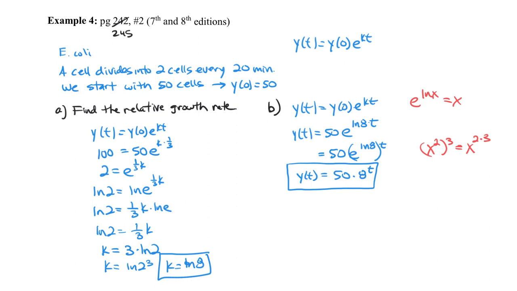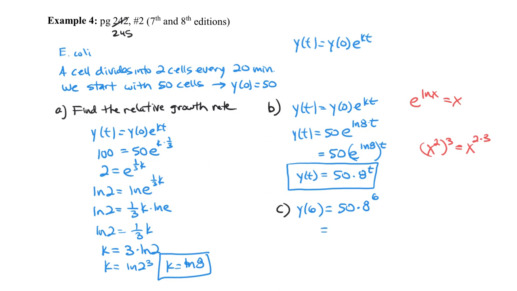Part C just says to find the number of cells after 6 hours. Well, that's going to be pretty easy because we've got part B. We can use part B. So this gives us the number of cells, right? Y is going to be the number of cells after t hours. So after 6 hours, we just say y of 6 equals 50 times 8 to the 6th power.